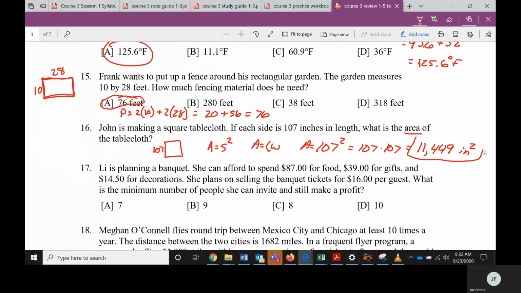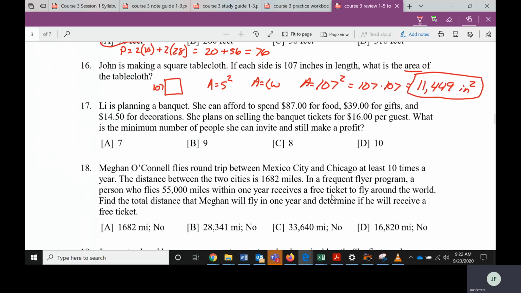Again, I'm telling you and reminding you right on this video that you can watch while you're taking the test. Make sure you do inches squared. Okay. All right, getting almost done here.